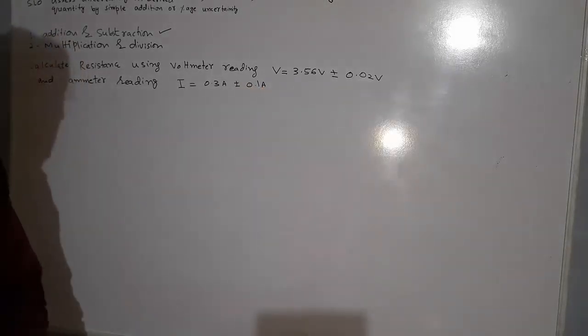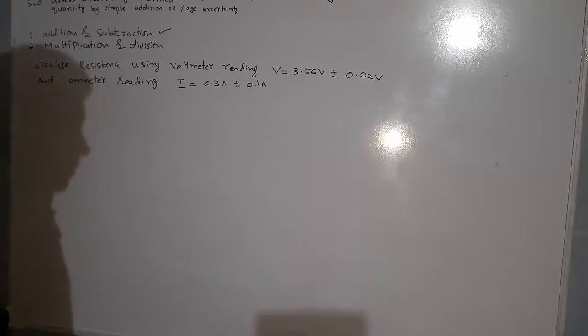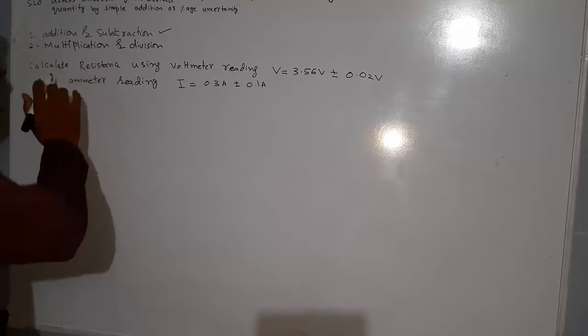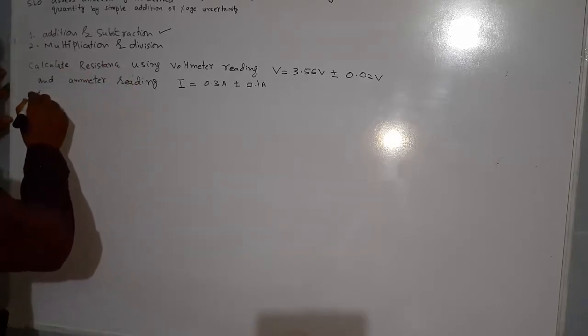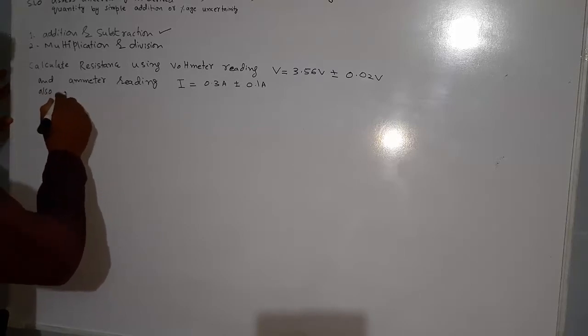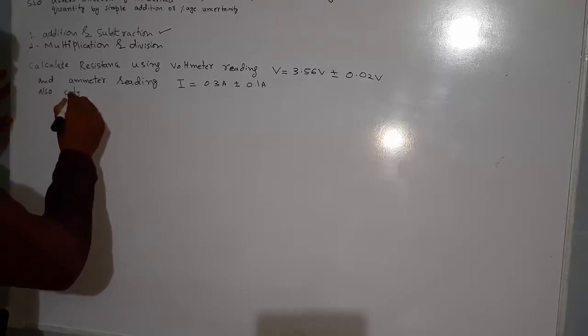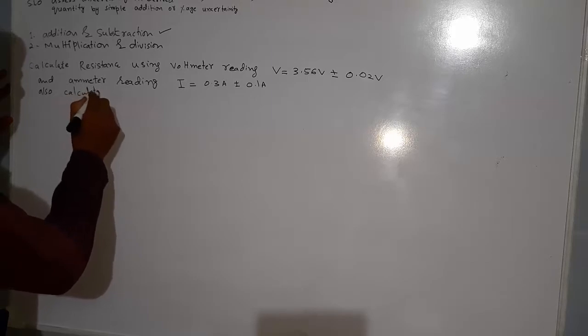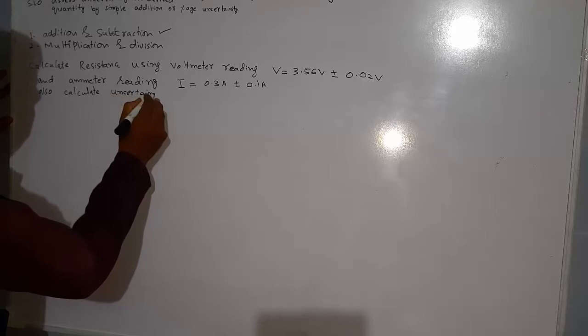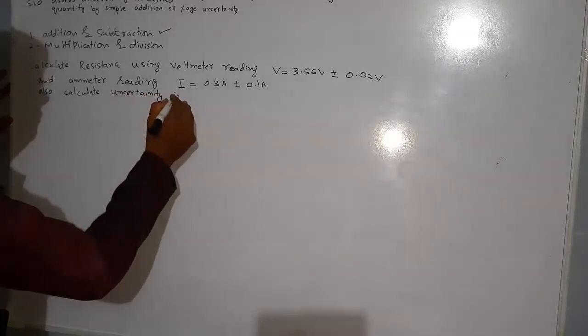Now what we have to do right here is measure resistance. Calculate resistance, and also calculate uncertainty in the derived quantity.